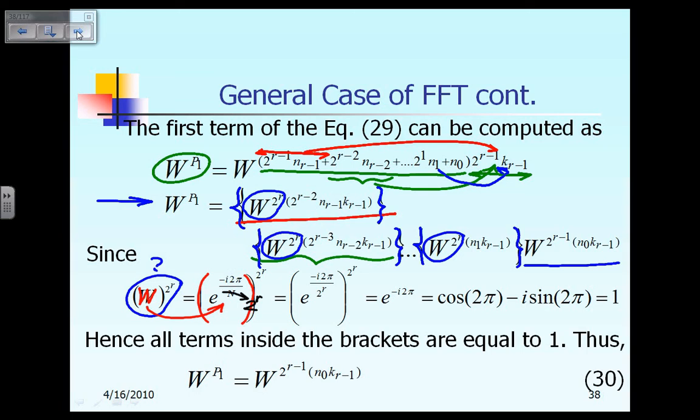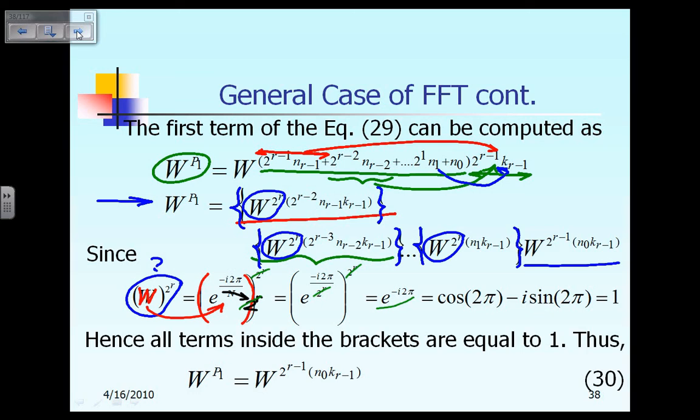And therefore, this 2 to the power r right there will cancel with this one. You see, these two will cancel out. So all you have left is just e raised to the power minus i 2 pi.